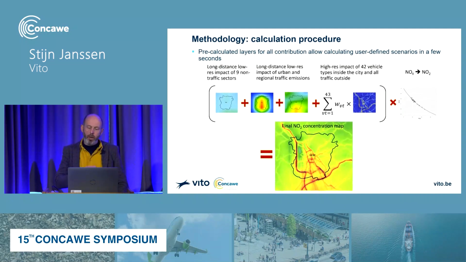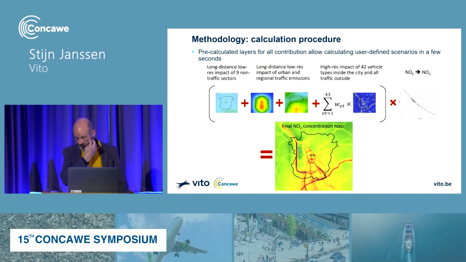And this all is then combined, taking into account proper double counting corrections so that we are sure we're not double counting emissions at the different levels. The combination is done at the level of NOx, because that's the most stable indicator to do this kind of combination.